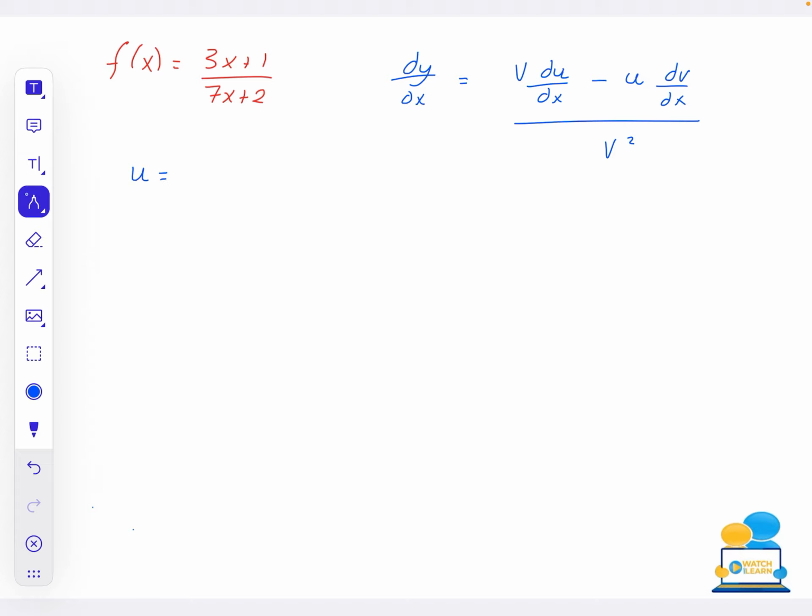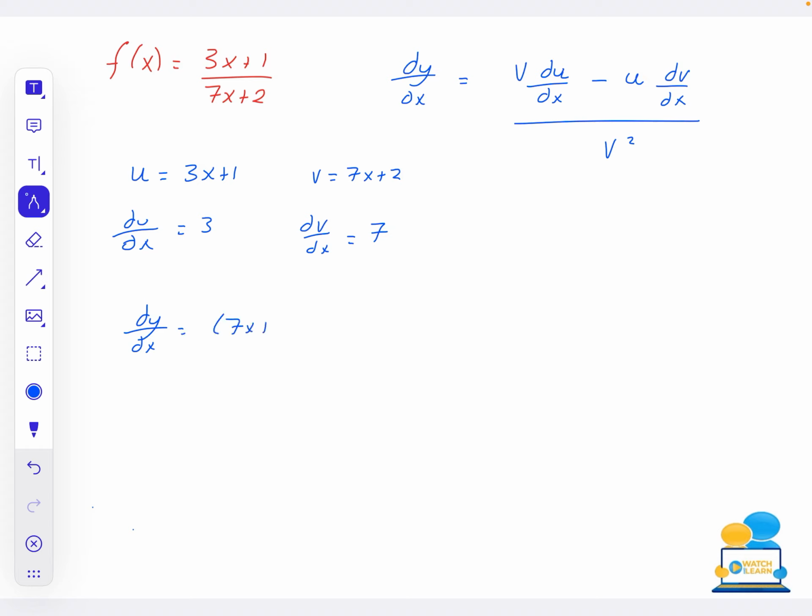You're going to be using those letters quite a lot in calculus. Okay, so first thing I'm going to write down that u is the top bit, so u is 3x plus 1. So that means du dx is equal to 3. Then I have that v is equal to 7x plus 2, which means dv dx is equal to 7.